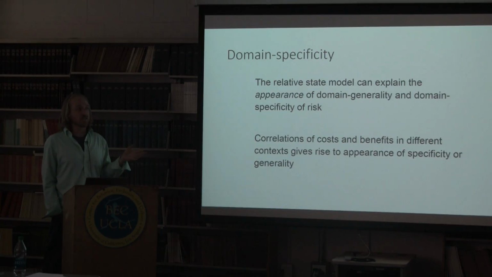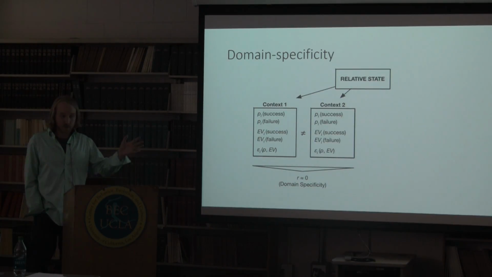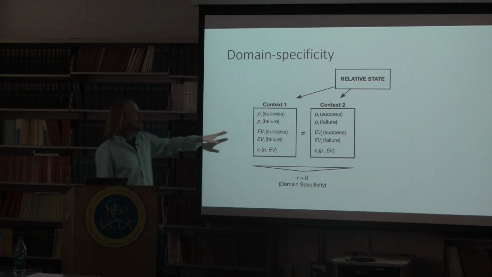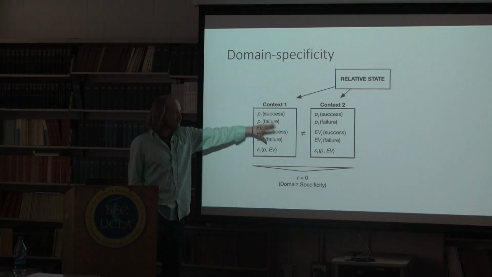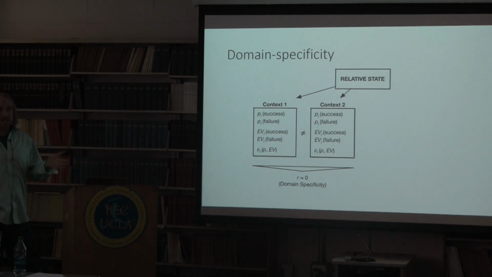Some of the contexts are going to have very different structured costs and benefits, and these are going to give rise to the appearance of domain specificity or not. So, relative state is feeding into decision making in different contexts. If context 1 and context 2 are very different, very not equal, that's when you're going to expect that the behavioral outputs, no reason to expect they're correlated, and it's going to look like domain specificity.